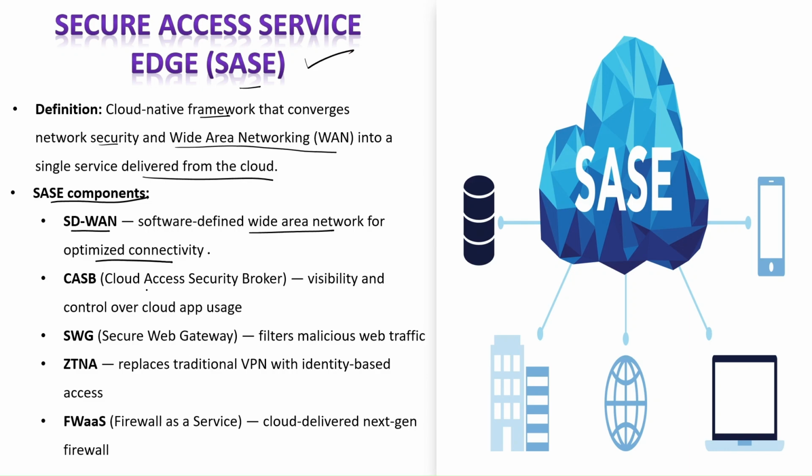CASB, which is Cloud Access Security Broker, gives visibility and control over cloud application usage. SWG, that is Secure Web Gateway, gives us the filtering capability of malicious web traffic. And ZTNA, which replaces traditional VPN based security with identity based access. And FWaaS, or Firewall as a Service, which is a cloud delivered next generation firewall.